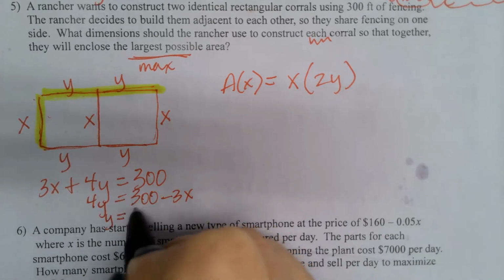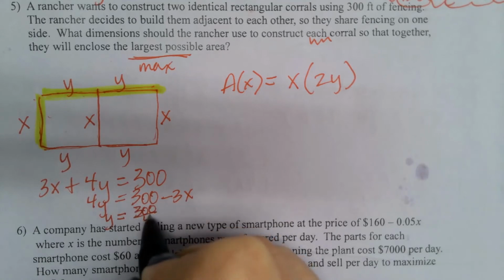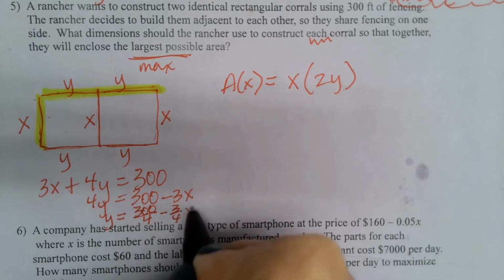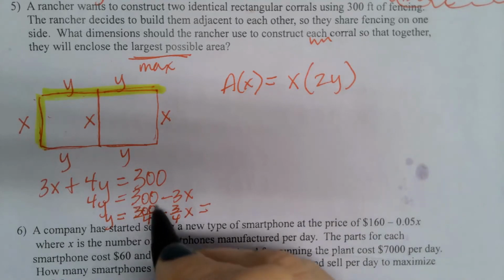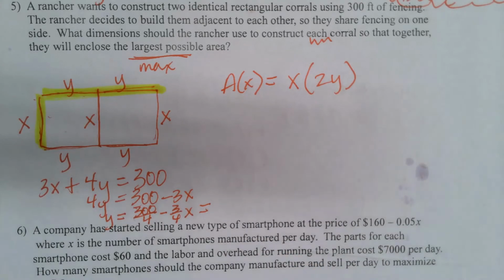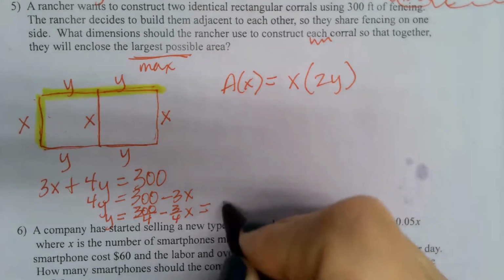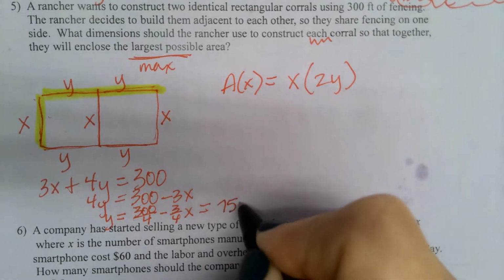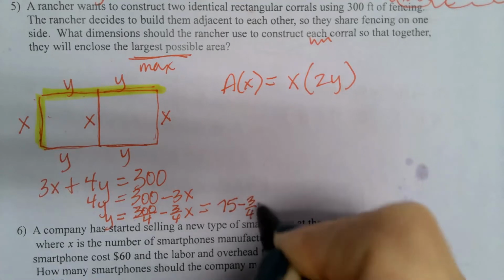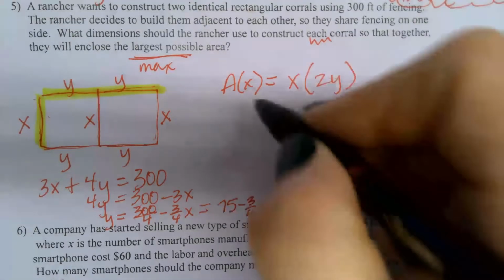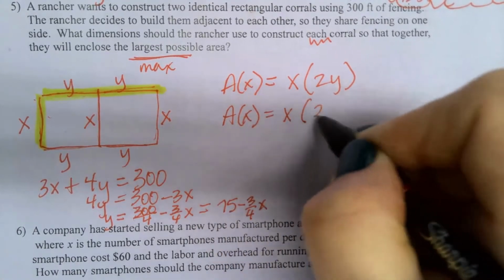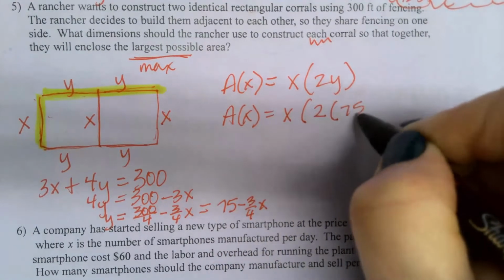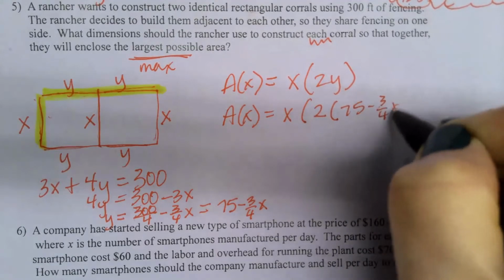So Y is 300 fourths minus 3/4 X. Or better than that, I'm going to simplify this down. 300 divided by 4, that would give me 75, minus 3/4 X. So when I rewrite this, I'll have 2 times 75 minus 3/4 X.